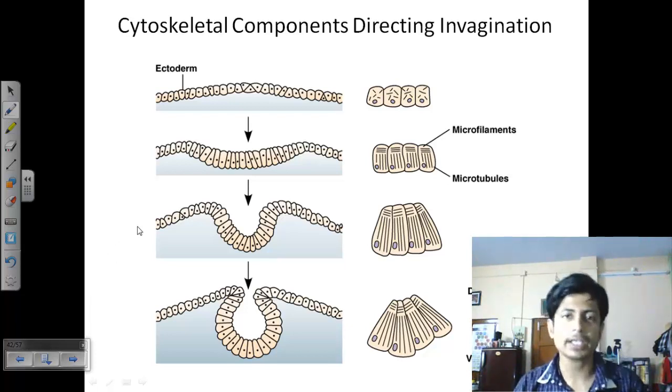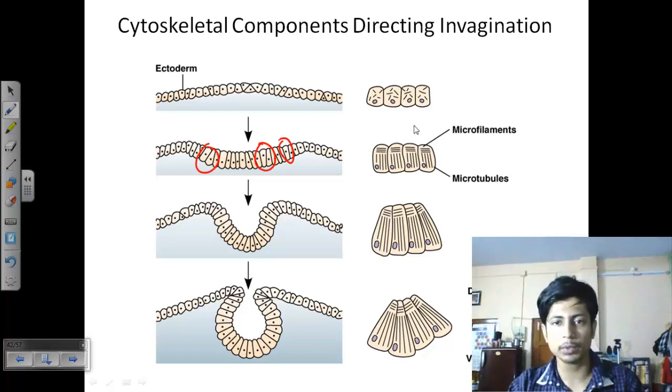So in any case, migration of cells requires microfilaments, microtubules and actin filaments to work properly. So see, this is the ectoderm that is present, and once it slowly starts to create the invagination, all those cells slowly start to stretch themselves, creating larger, longer, thinner cells like that.